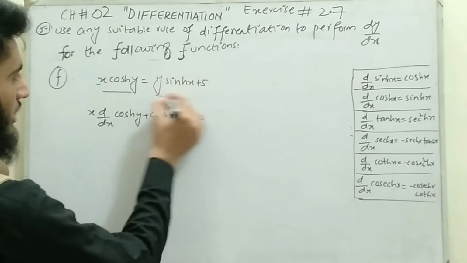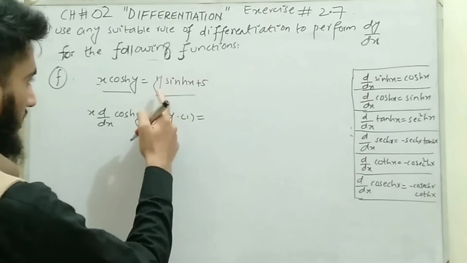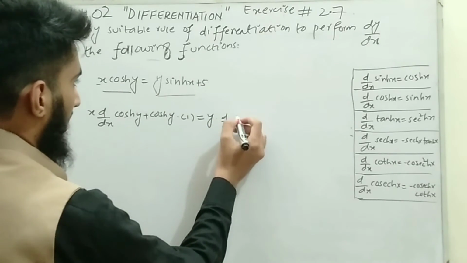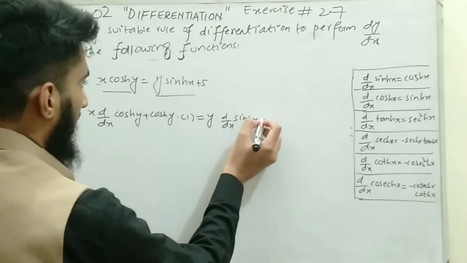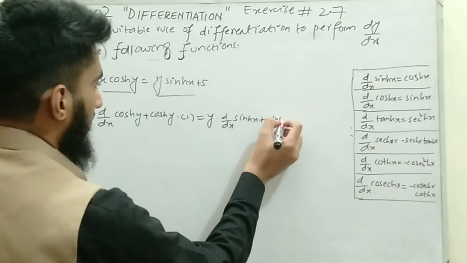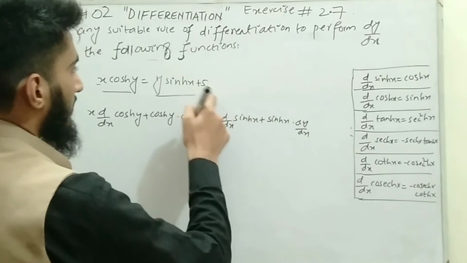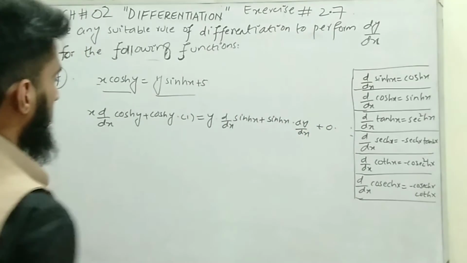This will be equal to, here again two functions, so using the product rule: first function y times derivative of sinh x, plus sinh x, the second function, times derivative of y, which is dy by dx, and plus pi, a constant, whose derivative is just 0.